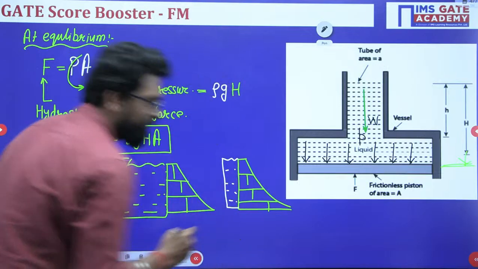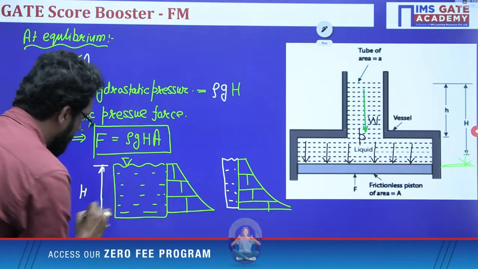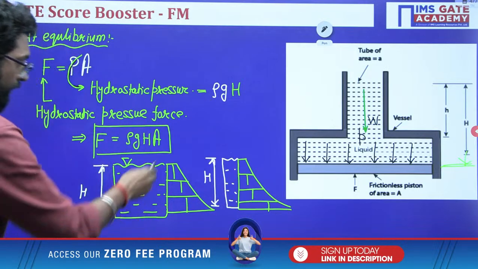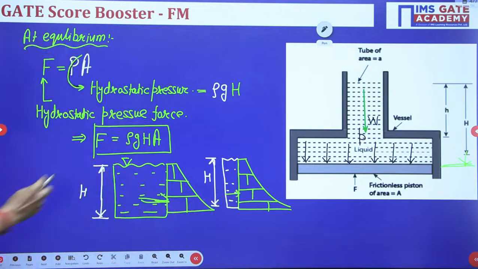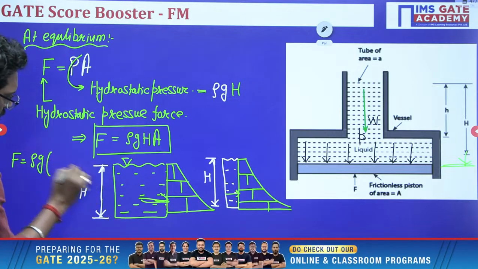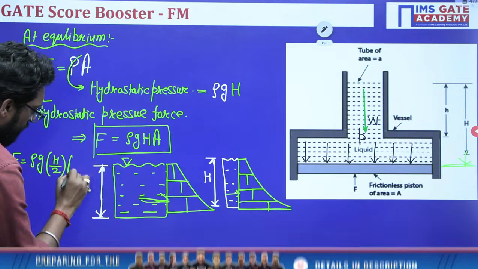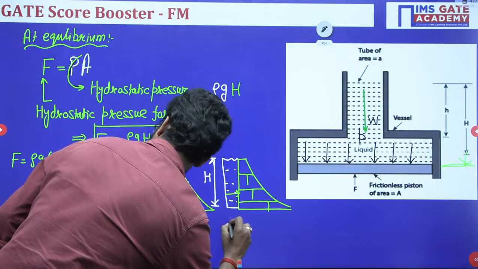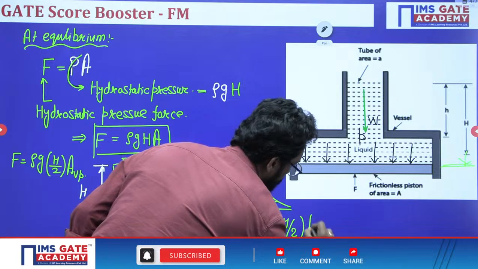What is the hydrostatic force? Let's suppose this is height h, this is also height h, this is also height h. So the hydrostatic force F is rho g x bar, where x bar is h by 2, into the vertical projection area. Similarly in this one, rho g x bar, that means h by 2, into vertical projection.